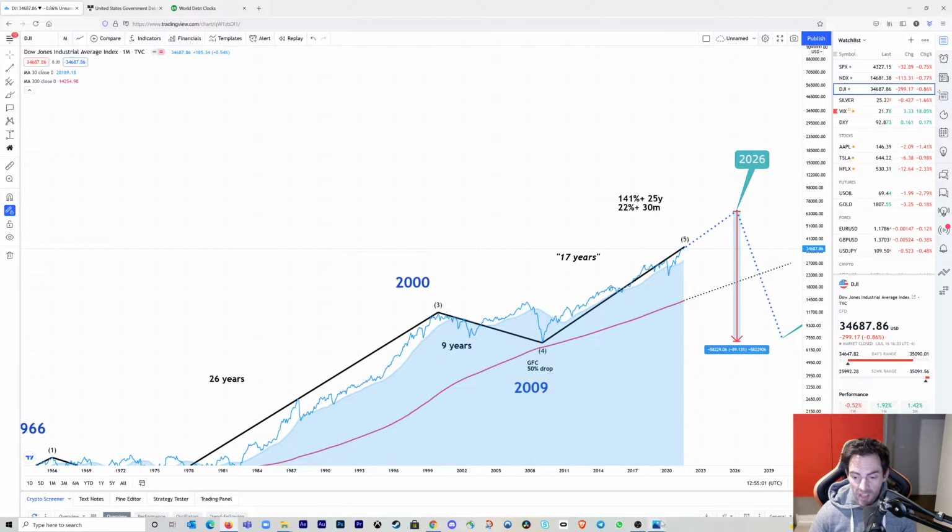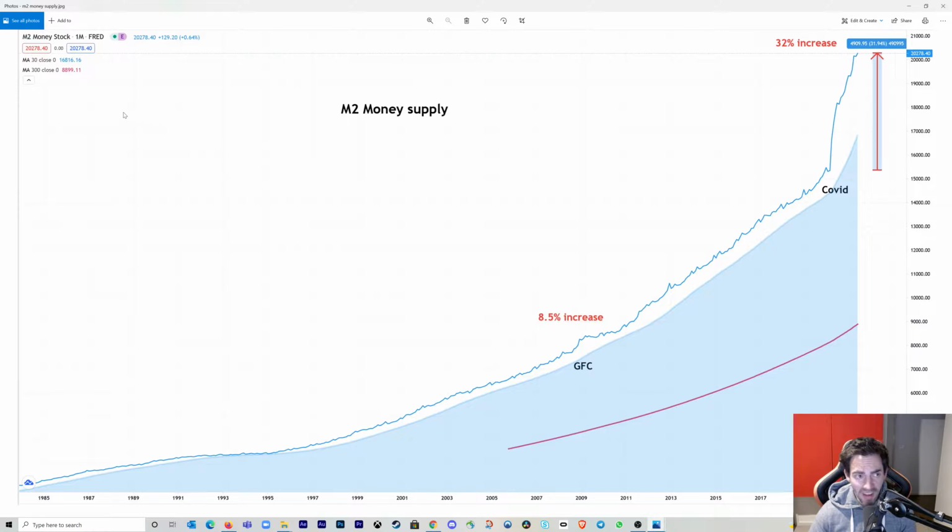So there are a couple of factors that I'd like to draw your attention to. One is the money supply. What we're looking at here is the M2 money supply, from 1985 up until the current date in 2021. And you can see during the GFC, there was an increase of about 8.5% of the money printed and so forth.